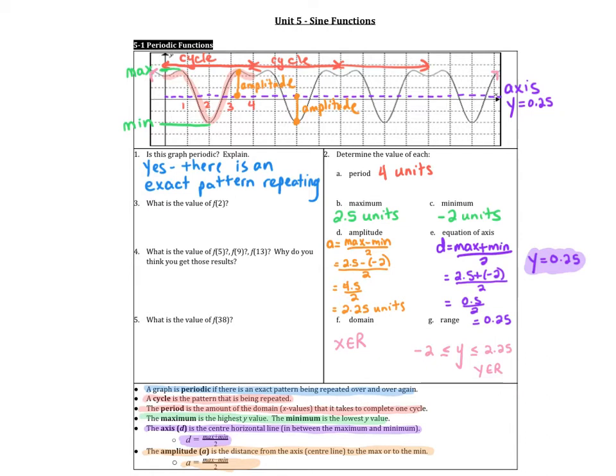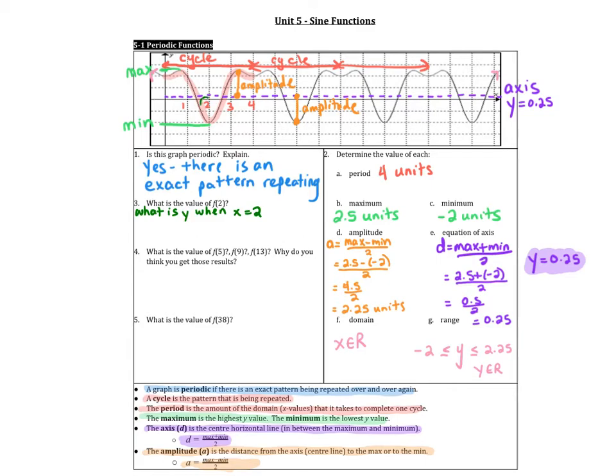The next thing that we would be going over is a question like this. What is the value of f of 2? So we've done function notation in Unit 2. This is just asking, what is y when x equals 2?